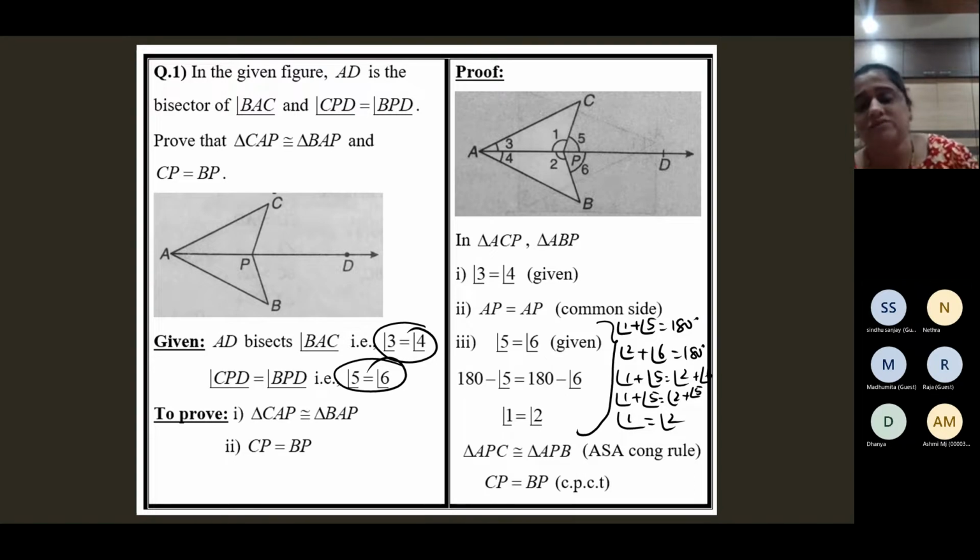So you can prove 1 is equal to 2 like this because we are given 5 is equal to 6, but we cannot use that information in the two triangles. 5 is equal to 6 should be converted to 1 is equal to 2 like this, because 1 and 2 are a part of the two triangles. 5 and 6 are exterior angles.